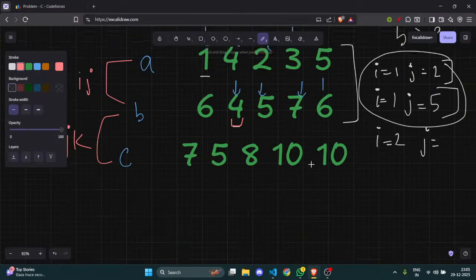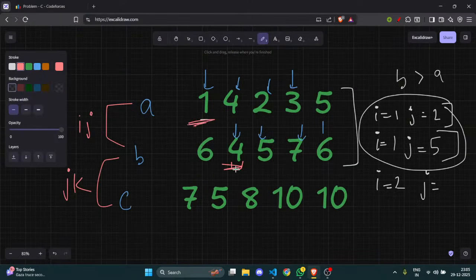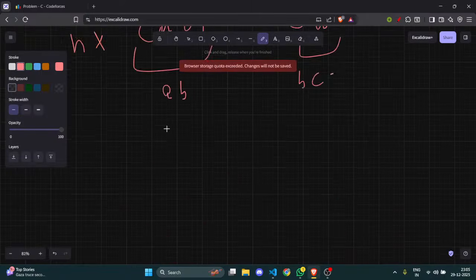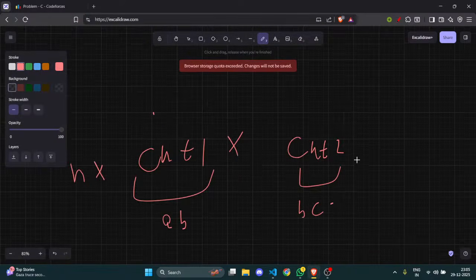Because I marked them earlier. If I can start with 1 2, I can very well start with 2 3, because the difference is the same. If I can start with 1 4 or 4 5, it is the same thing. So there would be n more pairings like this. So n into count 1 into count 2 would be my final answer.